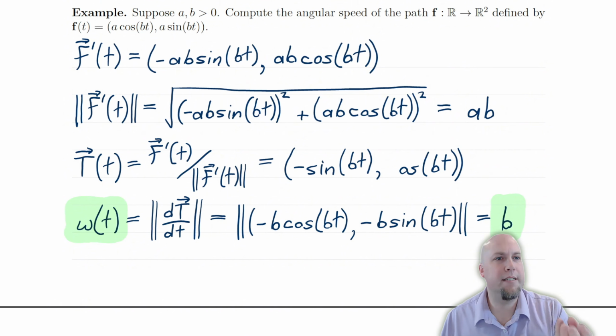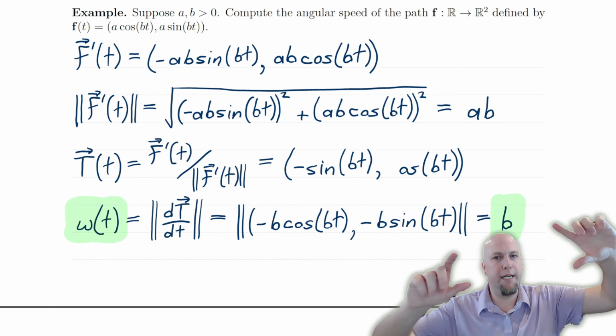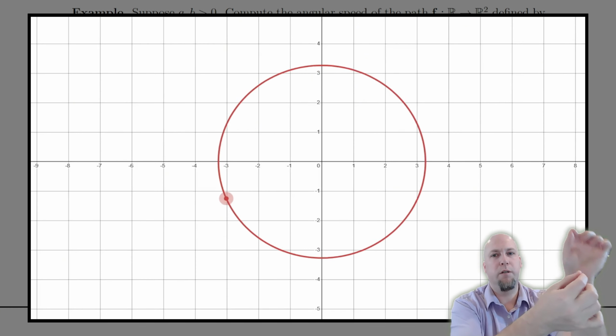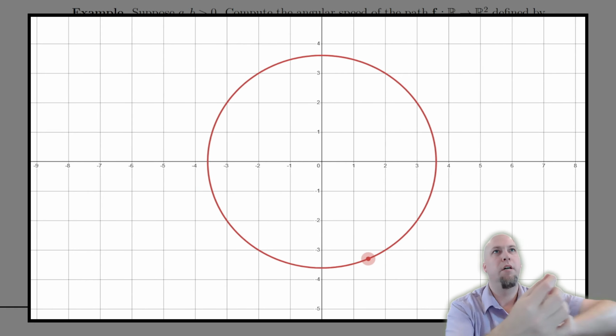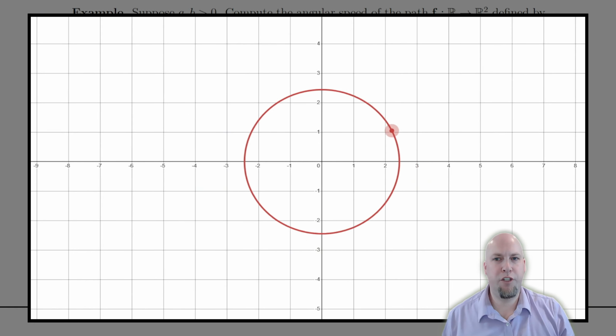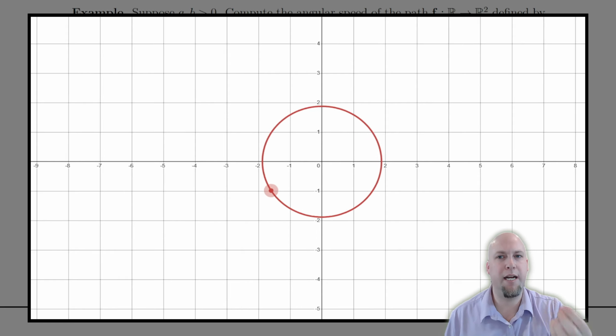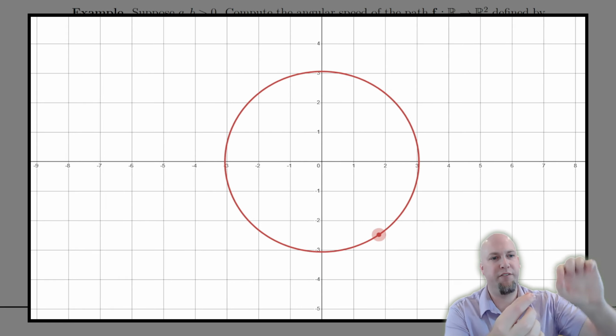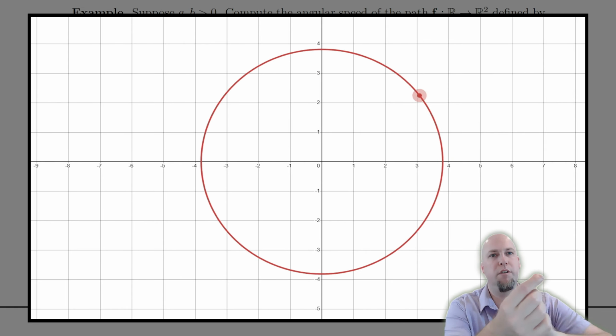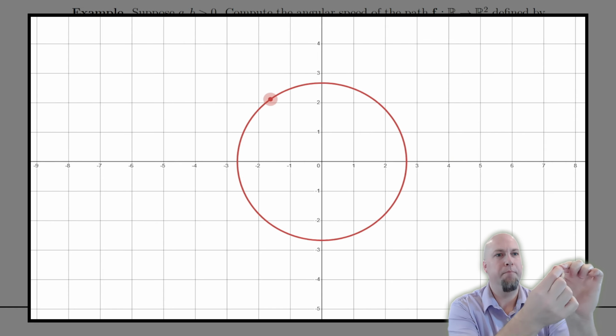The reason it doesn't depend on the radius is that this particle is going around the circle in 2 pi over b units of time. Every time t increases by 2 pi divided by b, it's gone around the circle one time.